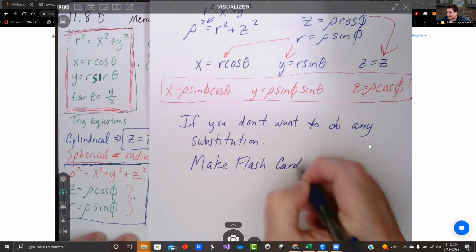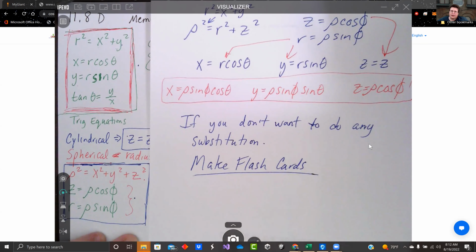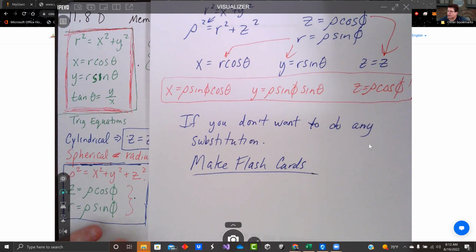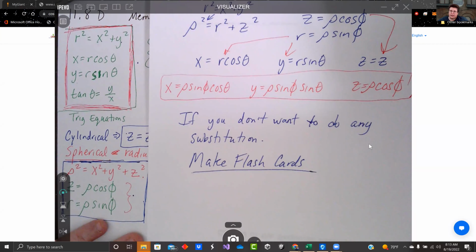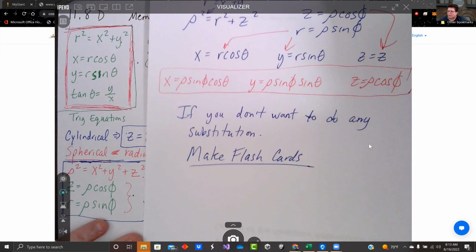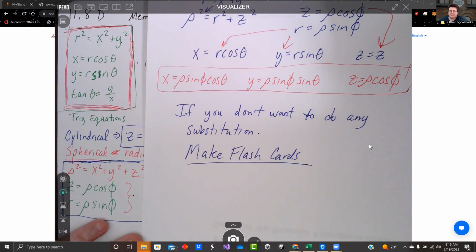Not on your app. I know there are apps that make them. When you have your phone in your hand, you don't want to do flashcards. You want to hop on Twitter, TikTok, Instagram, WhatsApp. There's a lot of things you want to hop on. Don't do it on your phone. Make flashcards with good old paper.